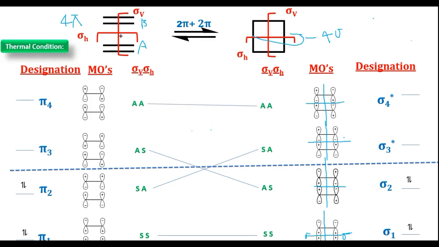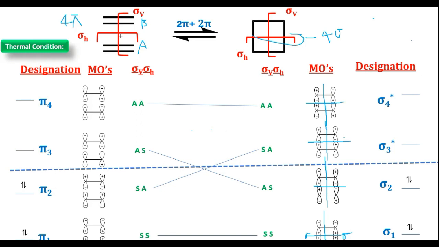What happened friends? During the correlation of symmetrical elements, low energy molecular orbitals of reactants are correlated with high energy molecular orbitals of product, and high energy molecular orbitals of reactants are correlated with low energy molecular orbitals of product.